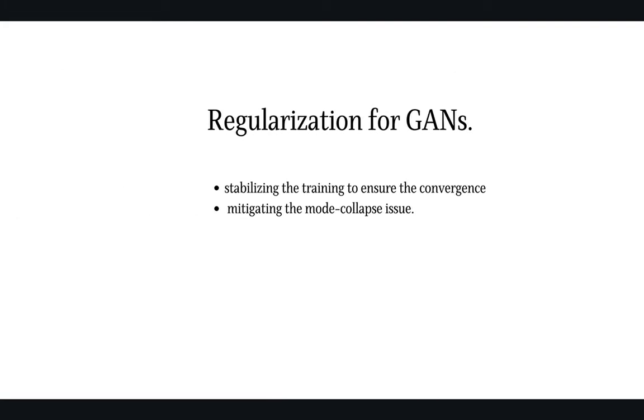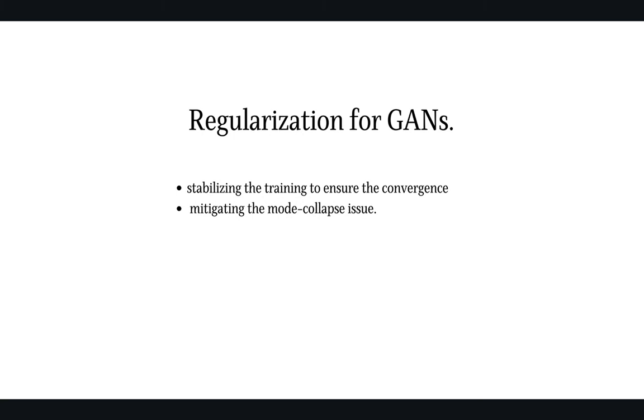Why do we need regularization? Regularization is an important factor in any machine learning or deep learning model, such that the model generalizes and works well on the validation data when compared with the training data. So we need a model that is more generalized.